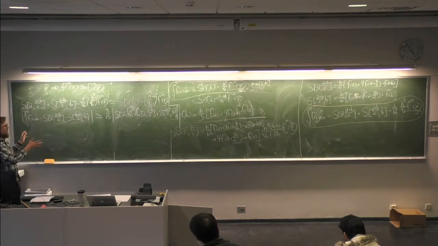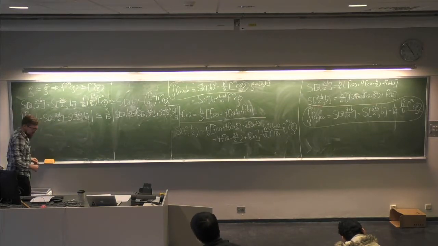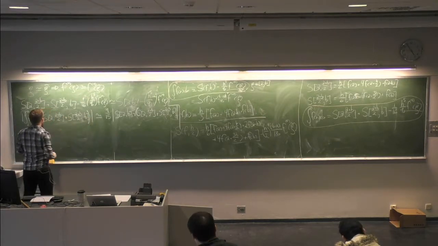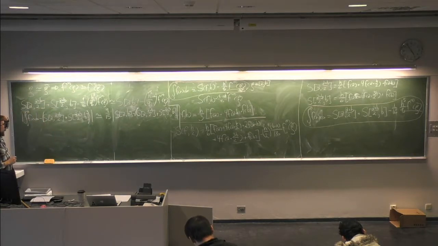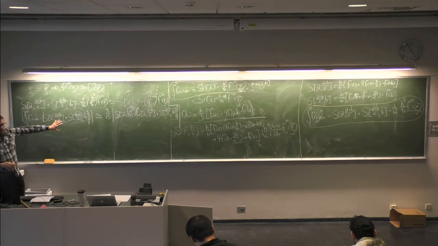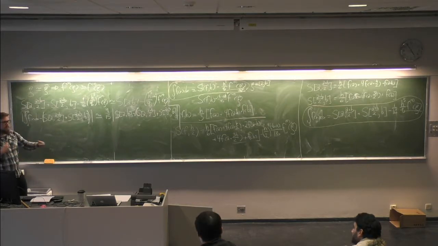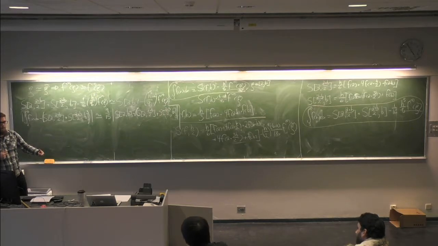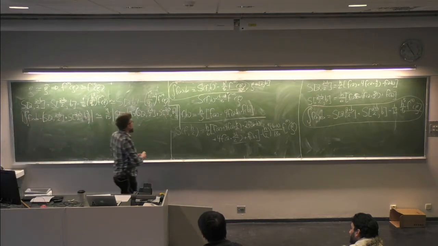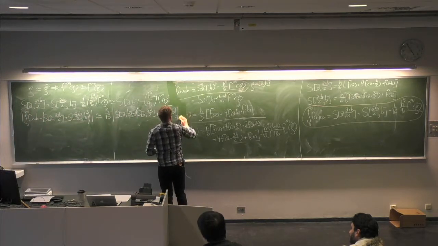Okay, so what does this tell us? Maybe it's clearer if I put in parentheses, this plus there, since it's minus. Basically what this says is that this thing, splitting it into two integrals, is approximately 15 times more accurate than estimating the integral over just one interval, which is kind of the key point here. This we can use.